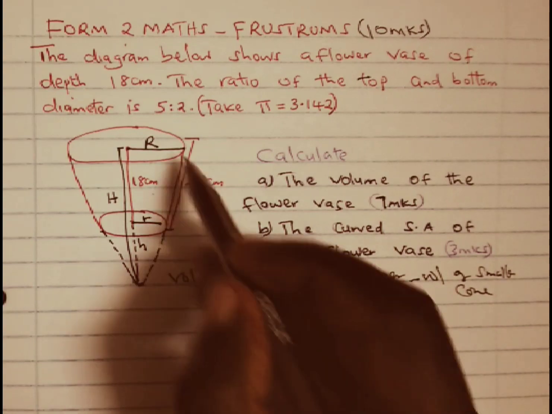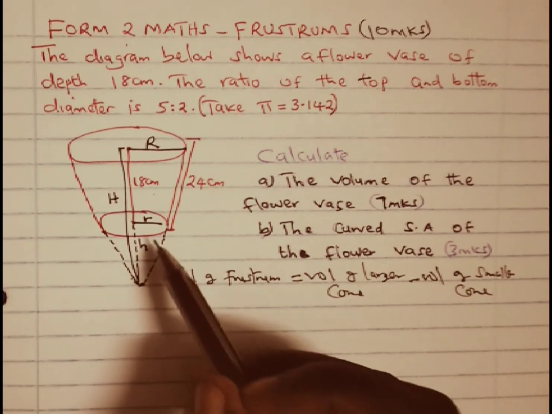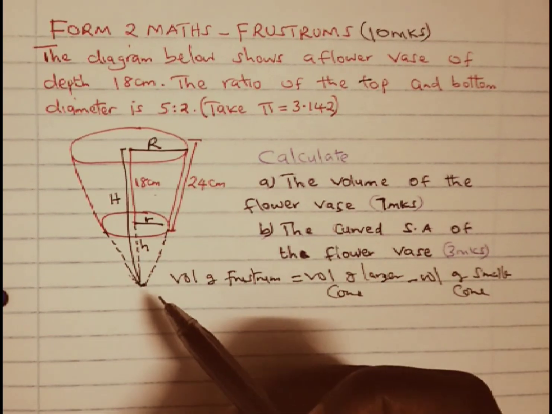The larger cone is the entire diagram, and the smaller cone is what was cut off.